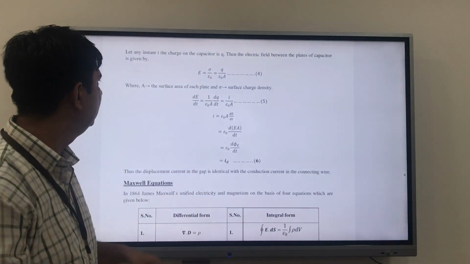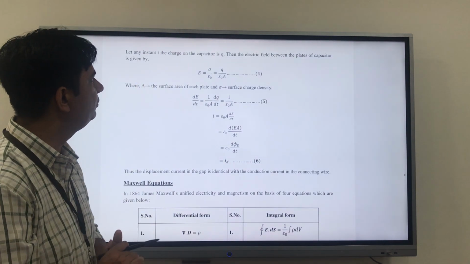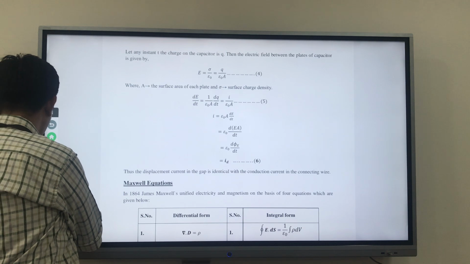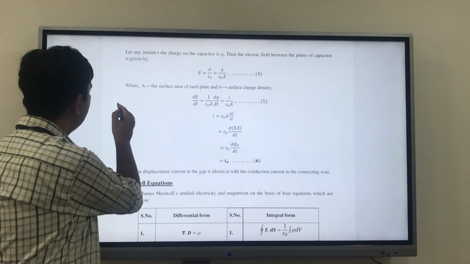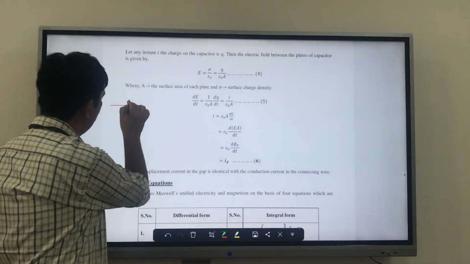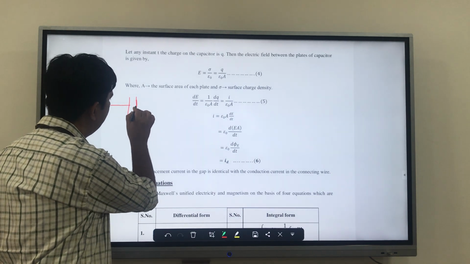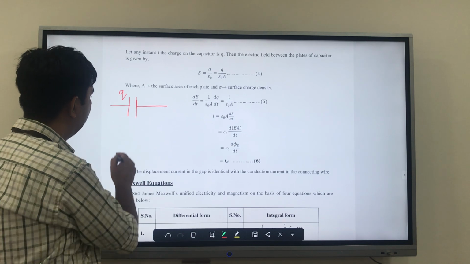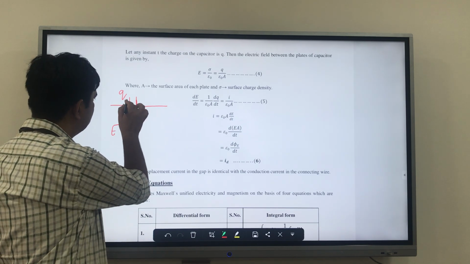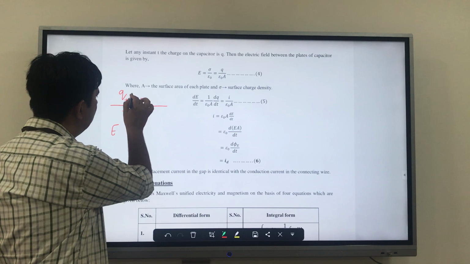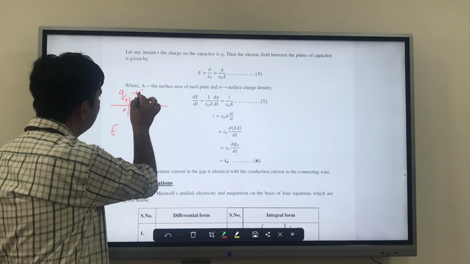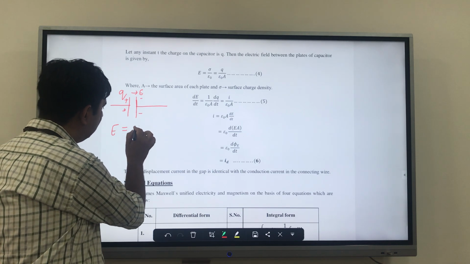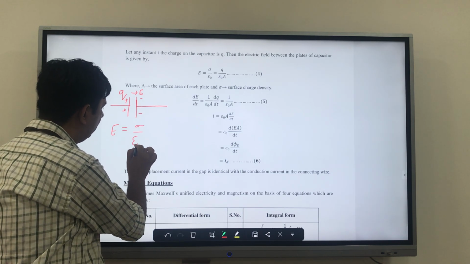So what he did, he said let at an instant of time the charge on the capacitor be q. So at one particular point, the capacitor is charged with q, and he knows that the electric field, because one plate is plus and one is minus, moves like this. So he knows that my E is nothing but sigma upon epsilon naught.